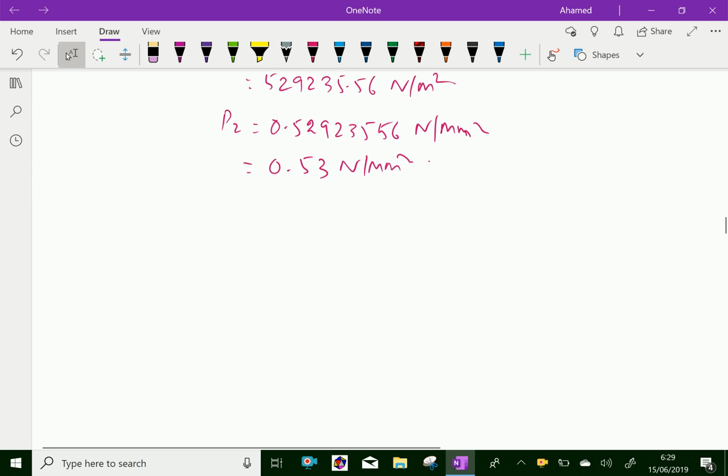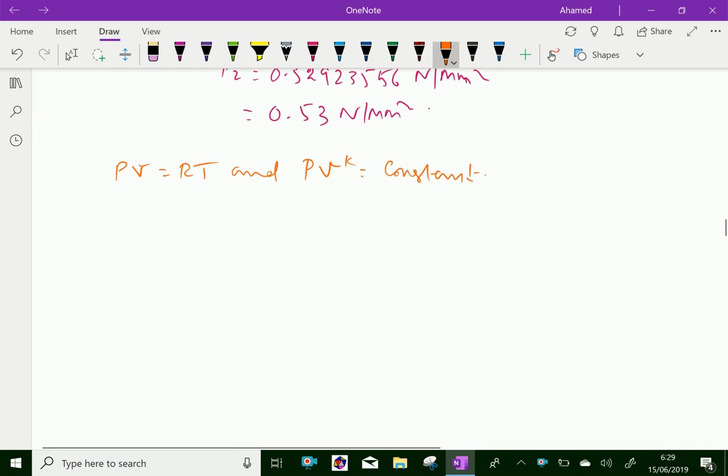Now, we know that PV equal to RT, and also PV power K equal to constant. First is isothermal, second is adiabatic.